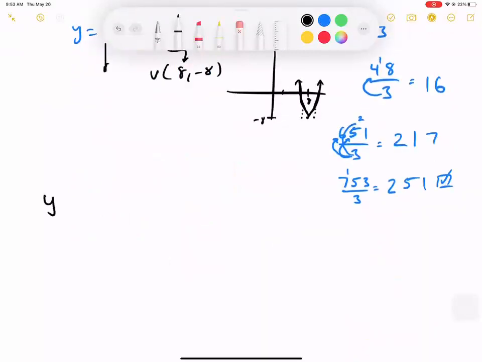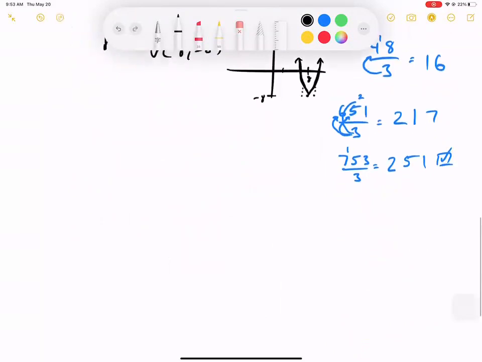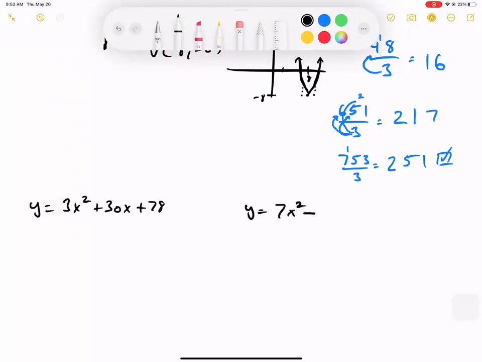Y is equal to positive 3x squared plus 30x plus 78. That's my first problem. The second problem is going to be a little bigger. Y is equal to 7x squared minus 98x plus 339. Okay, 2 big problems.